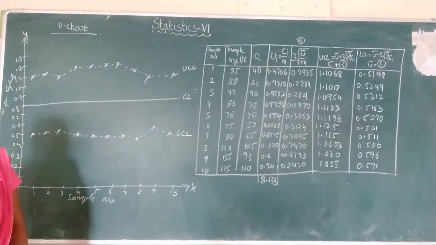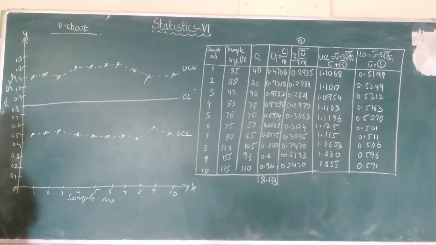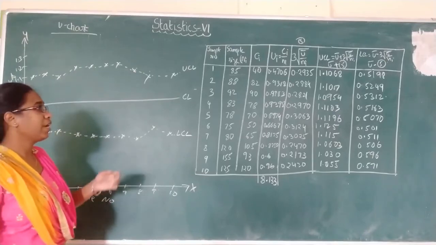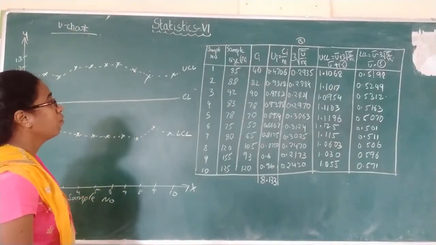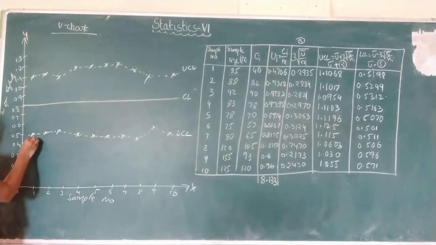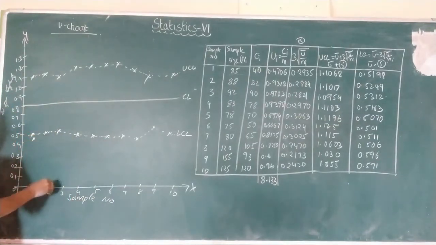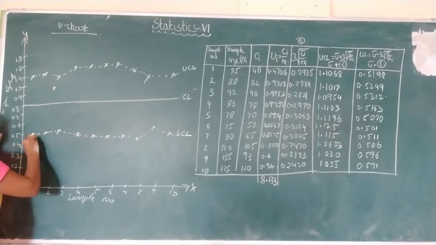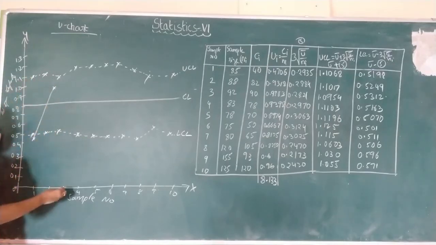So after plotting the UCLs, plot the UI values. Be careful while plotting UI values. First sample 0.47. Second value is 0.93. So simultaneously join the values.